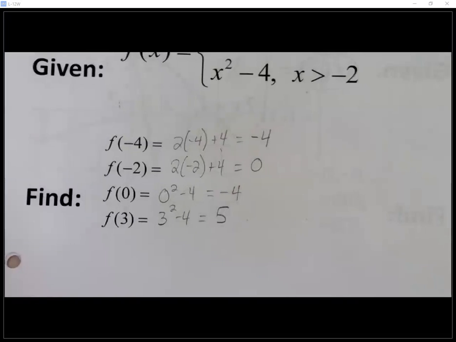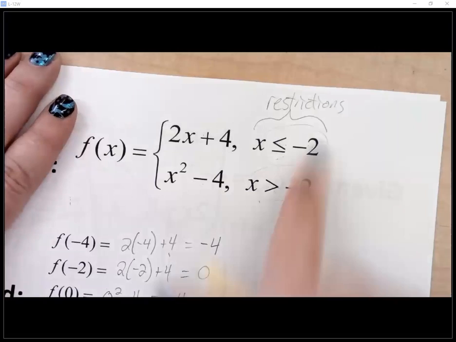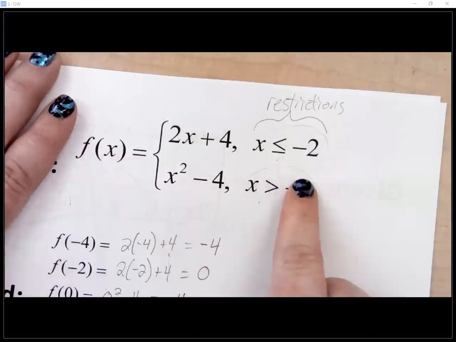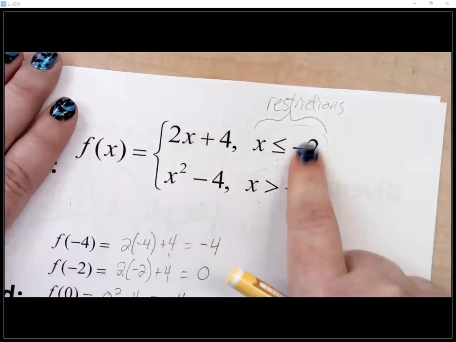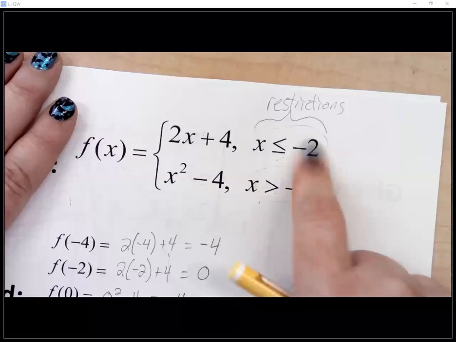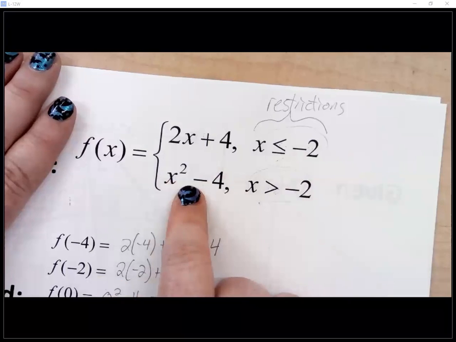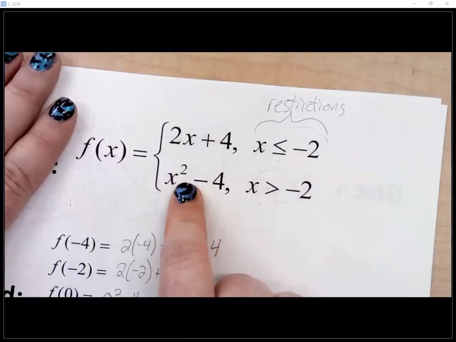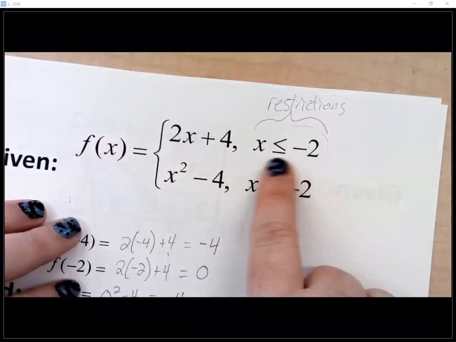All right, this graph, right? If we're going to graph this function down below, see how at -2 is where things are changing? So -2 is where I'm switching from one piece to the other. That's my breaking point. I'm going to follow this function when x is less than or equal to -2, and this one when x is greater than -2.